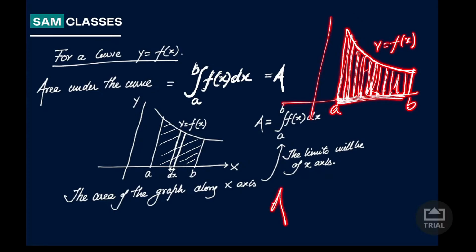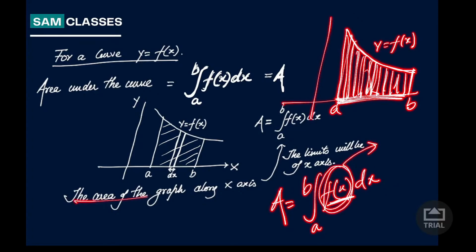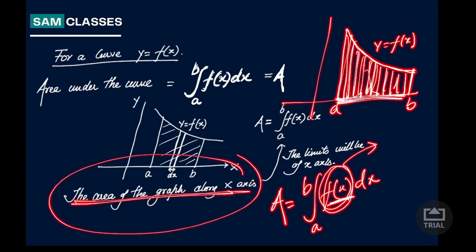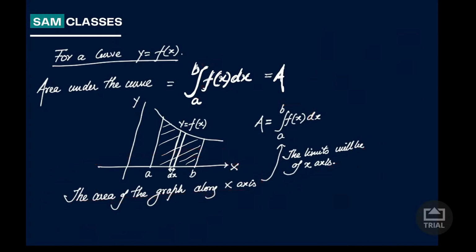So whenever I write A is equal to the integral from a to b of f(x) dx, it means I am finding the area under this function along the x-axis. That is the meaning of the integral from a to b of f(x) dx.